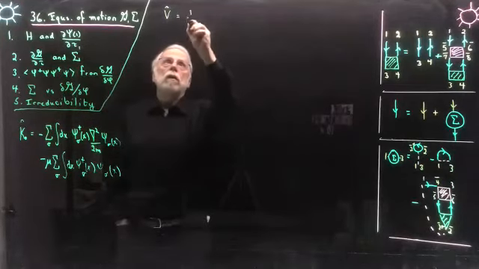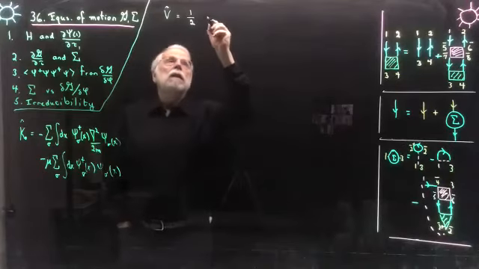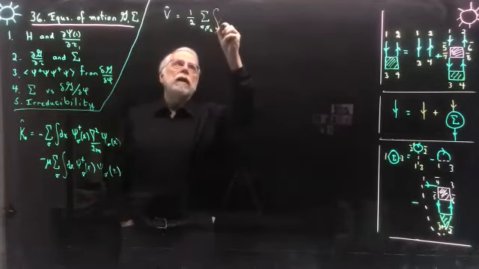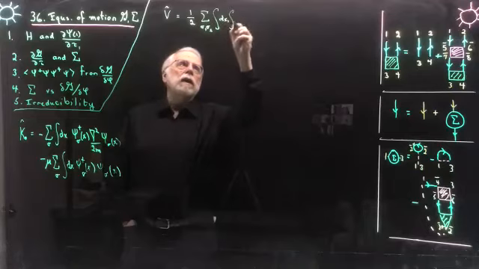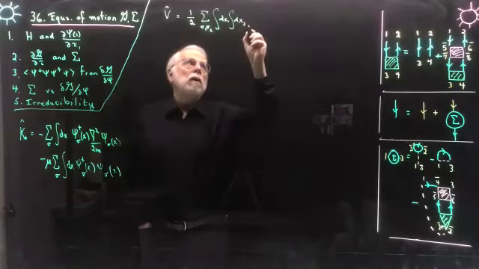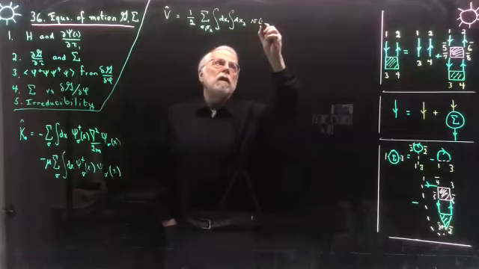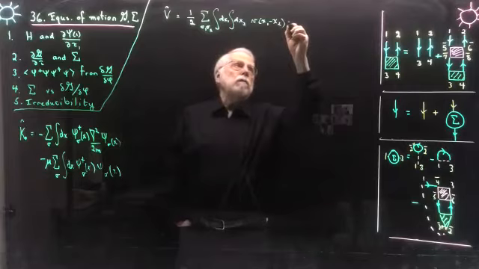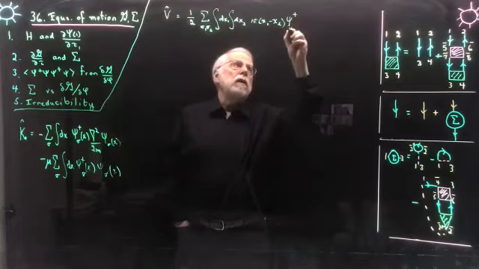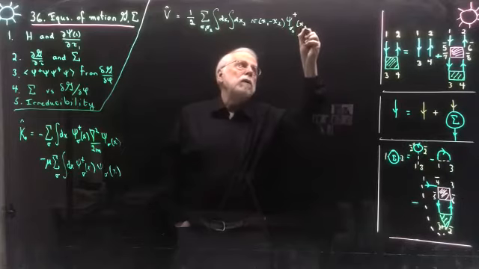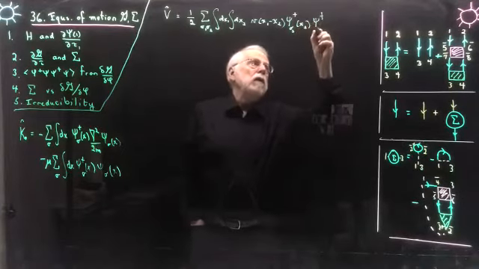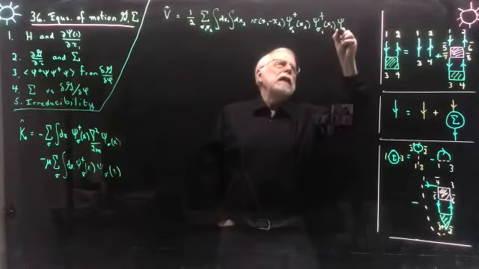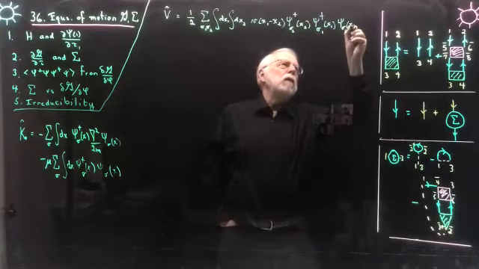It is equal to 1/2 sum over sigma 1 sigma 2 of integral dx1 integral dx2 of v of x1 minus x2 times psi dagger sigma 2 x2 psi dagger sigma 1 x1 psi sigma 1 x1 psi sigma 2 x2.